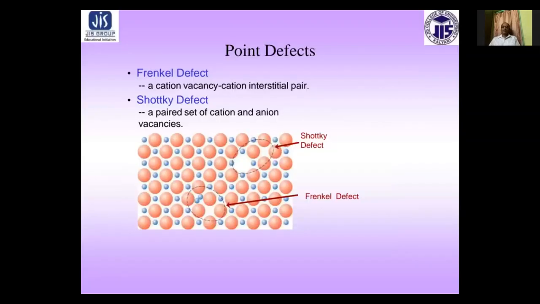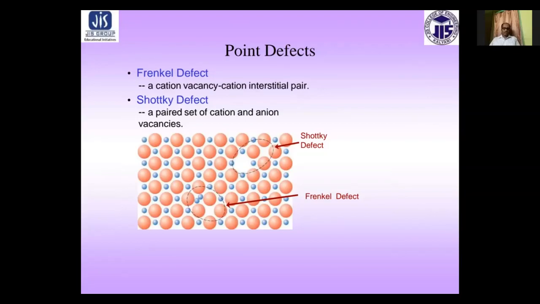Next, there are another two types of point defects present in ionic solids, called Frenkel defects and Schottky defects. An atom may leave its regular site and occupy a nearby interstitial site of the matrix, giving rise to two defects simultaneously. One is a vacancy and another is a self-interstitial.